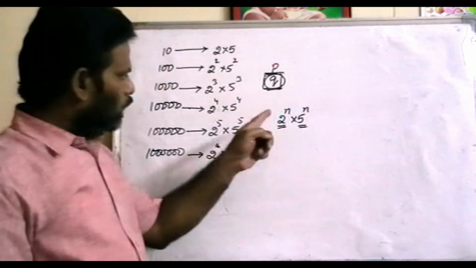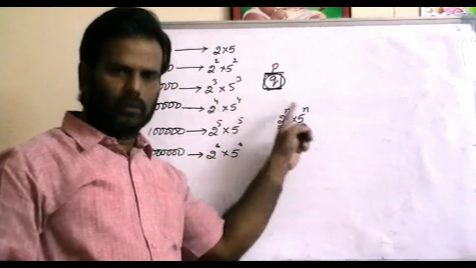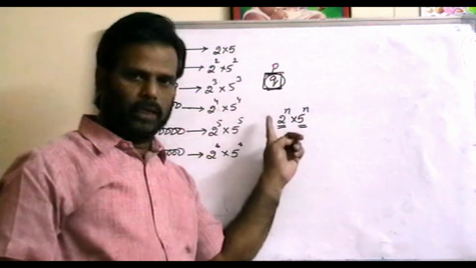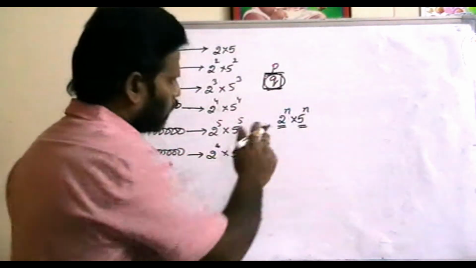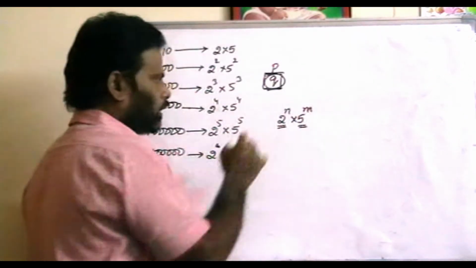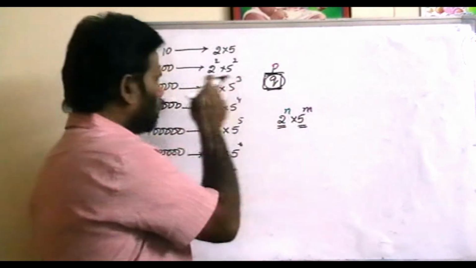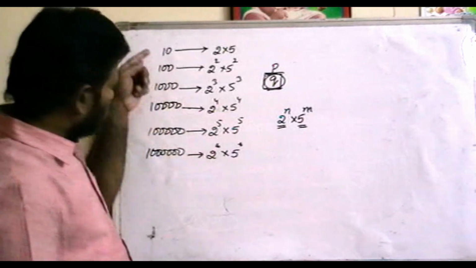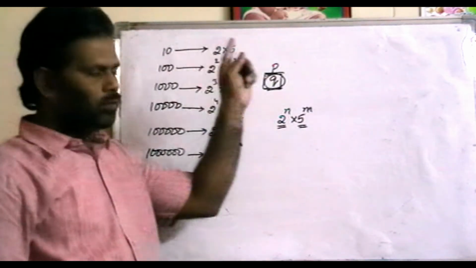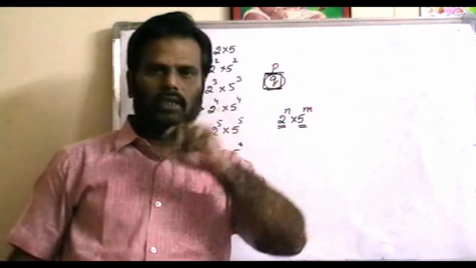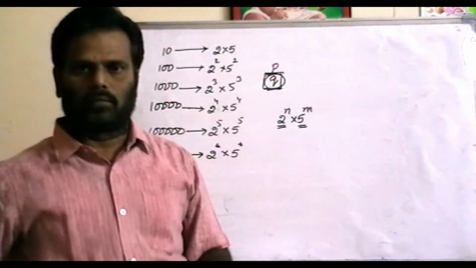Why? Because when the denominator's prime factors are only 2 power n and 5 power m, we can change it into the nearby round figure. If the denominator is a round figure, then without division we can change it to decimal form, that is, a terminating decimal.